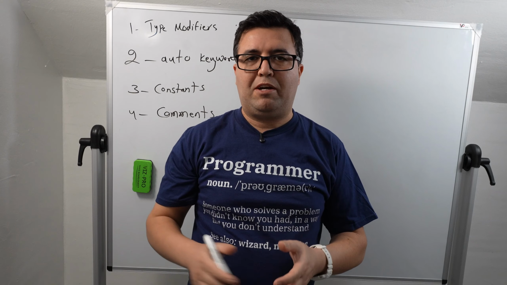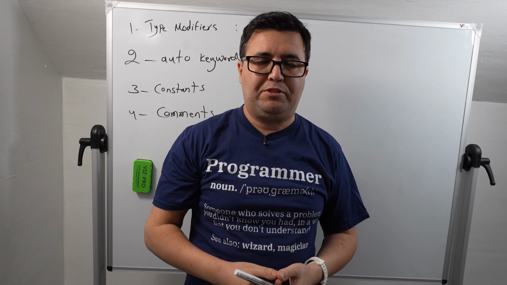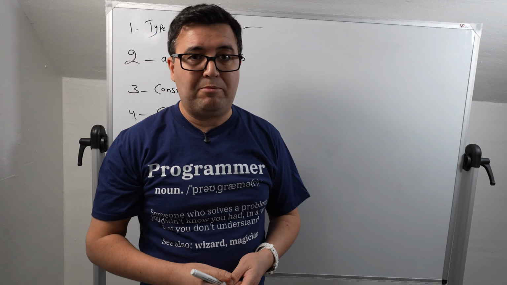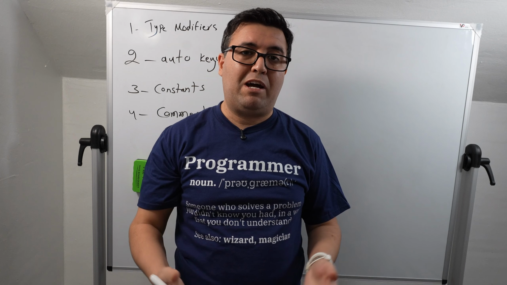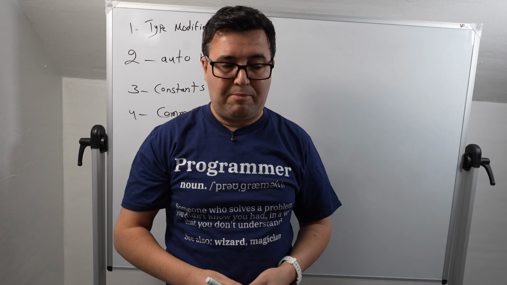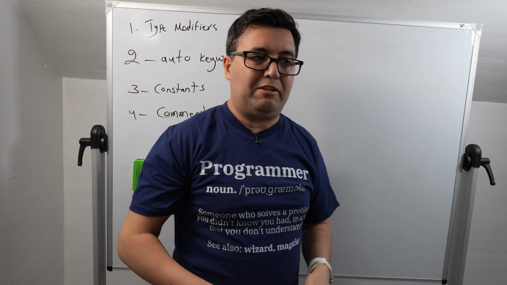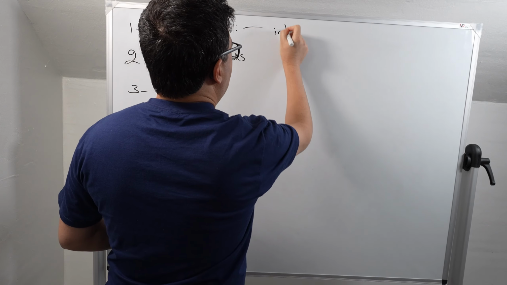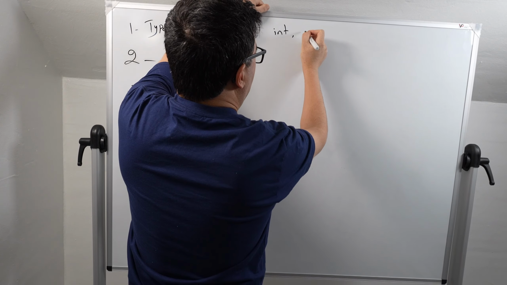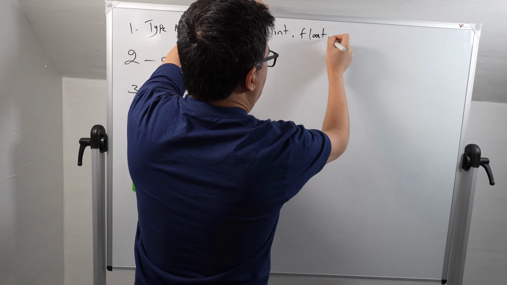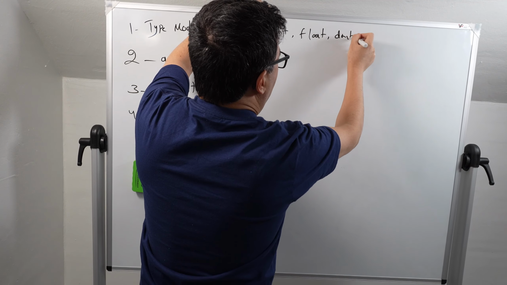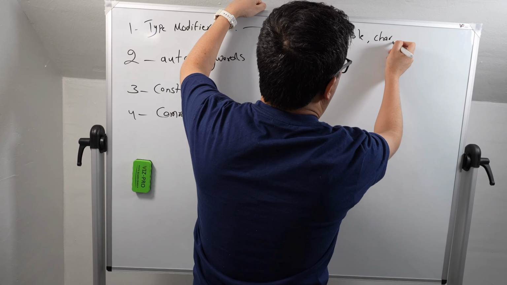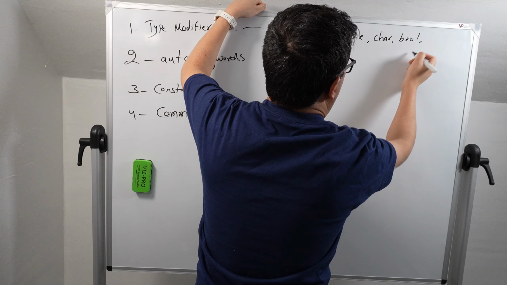Data types are used to define what kind of values you are going to store in computer memory. We studied integer, float, double, char, bool, string.